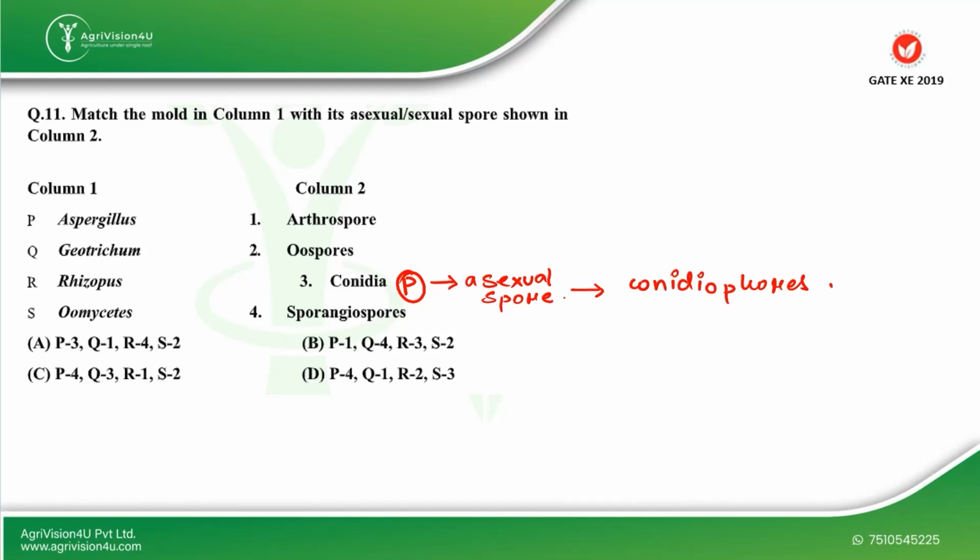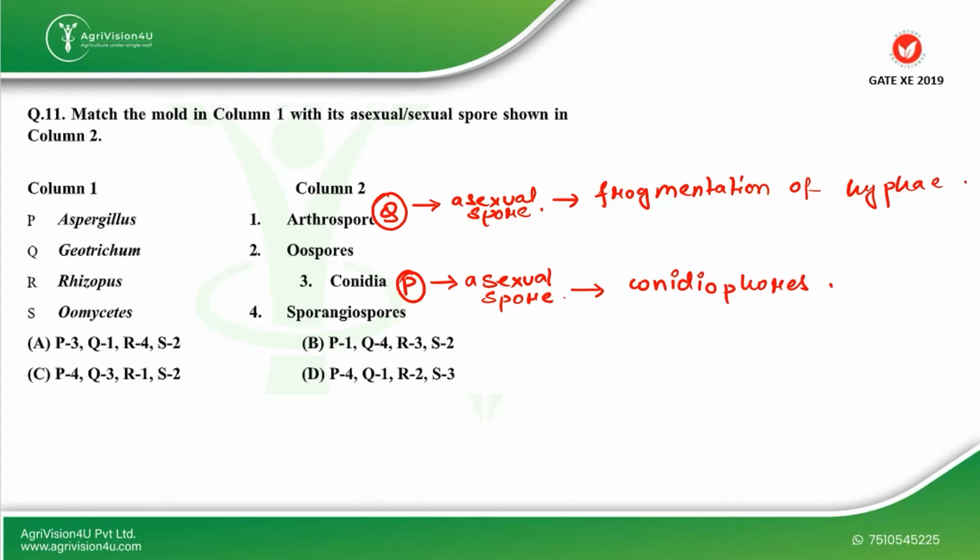Next one, Geotrichum. This type of mold produces arthrospores, Q1. This is also a type of asexual spore. These are basically formed by the fragmentation of the hyphae. Next, Rhizopus.